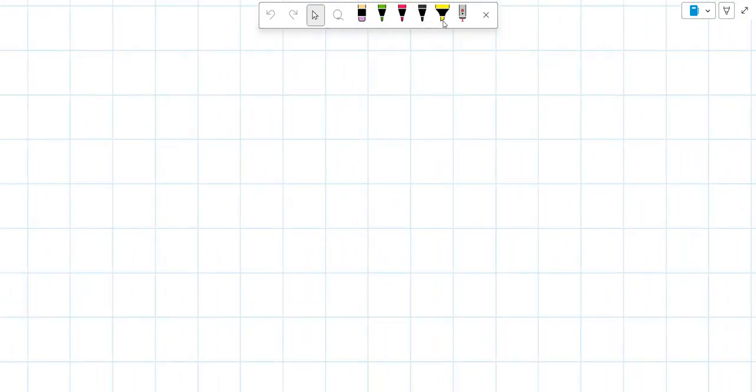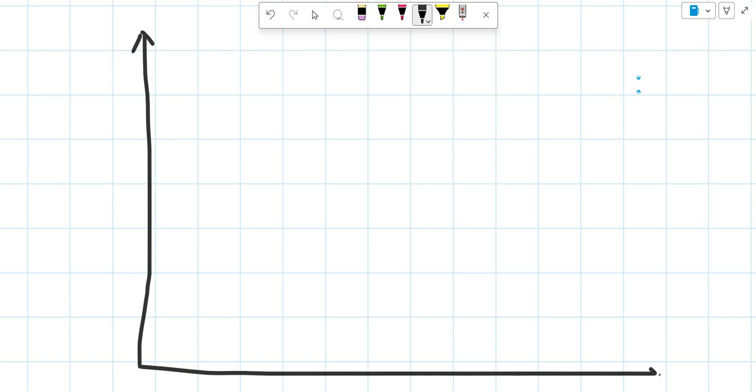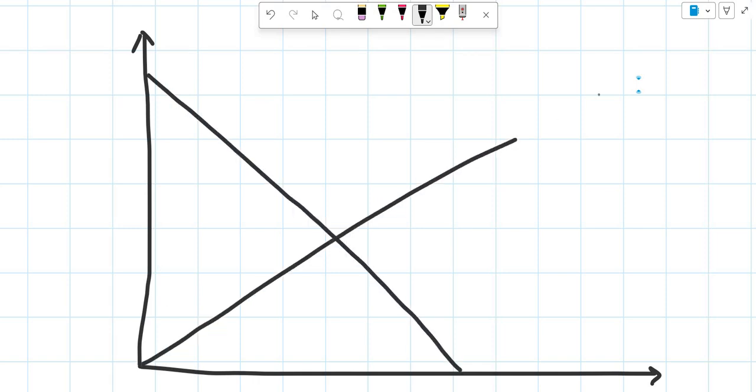Let me see if I can draw it without drawing crooked lines. So this is my vertical axis, which is as usual crooked, and this is my horizontal axis, which is also very consistently crooked as well. And I draw something very straight here, and then I draw something over here.